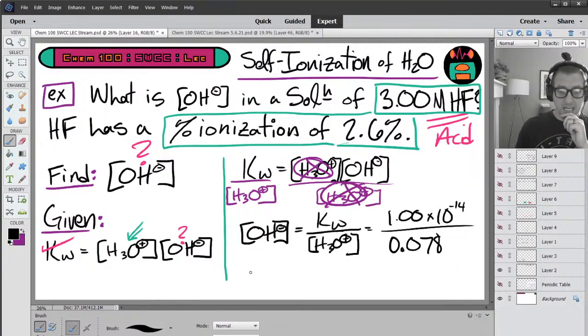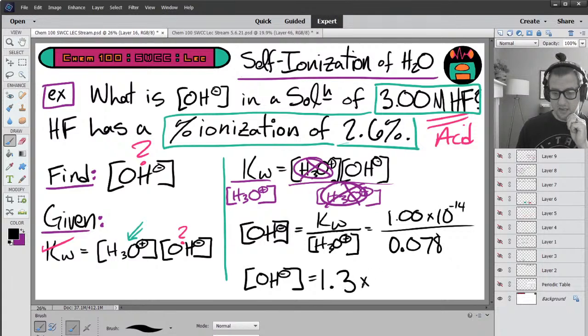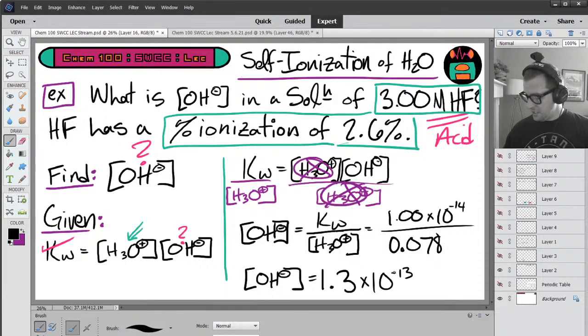So my molarity of hydroxide, rounded to 2 sig figs, will be 1.3 times 10 to the negative 13. Let me just double check that. Yeah.